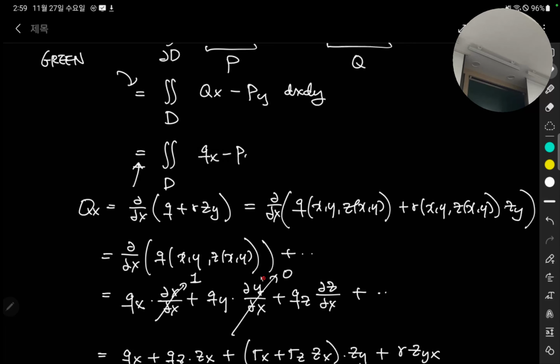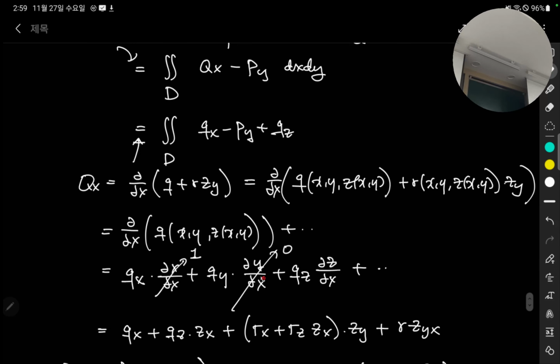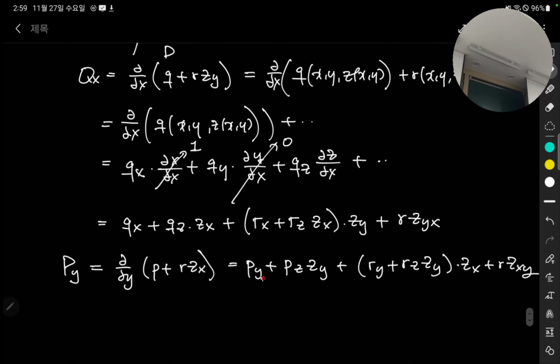So when you plug in these expressions for Q_x and P_y, this whole thing becomes the integration over D of Q_x minus P_y plus Q_y disappears, Q_z z_x minus P_z z_y, and plus R_x z_y minus R_y z_x. And then you can see there is a canceling out. This thing cancels out with the other, and this thing also cancels out, right? They're the same thing, added and subtracted.